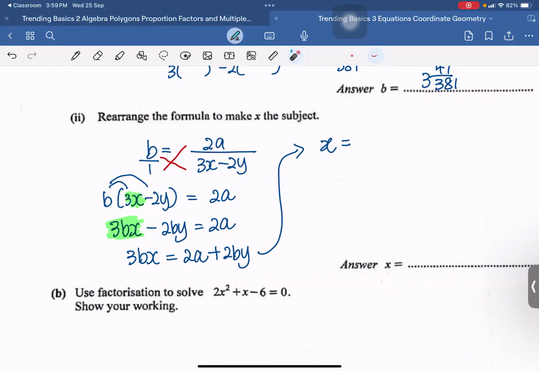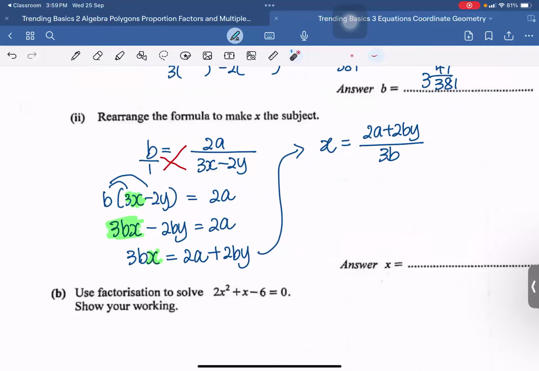I want X. So you take out the x. I keep the X there, then remove 3b. Yes. So where does it go? Plus, minus, times, divide. Which one? Divide. Divide by 3b. Okay, thank you very much.